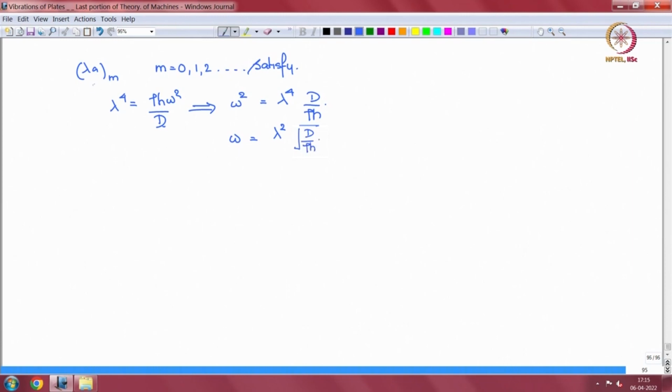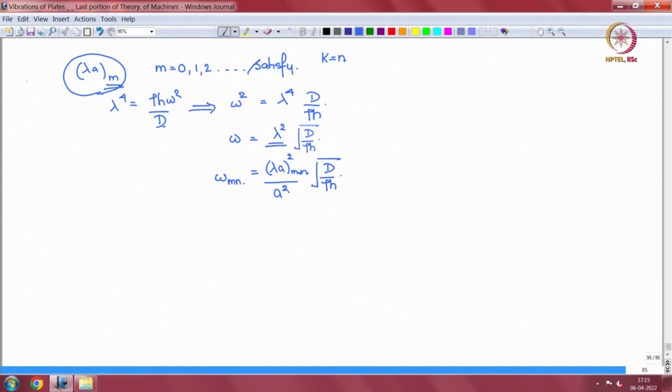Then if the λa are paired together and I get the m values, this can be written as (λa)_mn squared by a squared, because we have only λ squared here, times square root of D by ρh, and so this becomes ω_mn. There is already an n index because k has taken integer values.